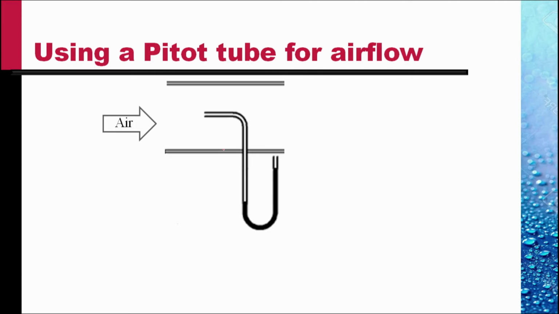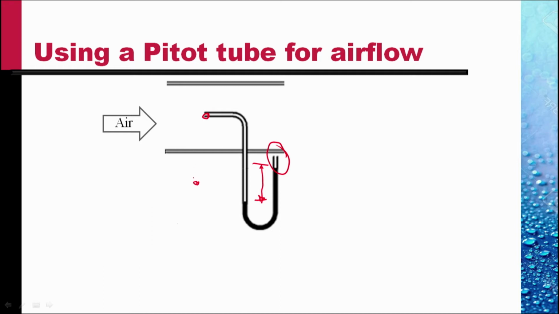How do you use a pitot tube in an airflow? If the air is flowing, we could have the pitot tube arranged so that the end of the tube is facing the airflow. We could attach a manometer. The second limb of the manometer is open to atmosphere. So the reading on the manometer would indicate the pressure difference between the stagnation point and the atmospheric pressure.